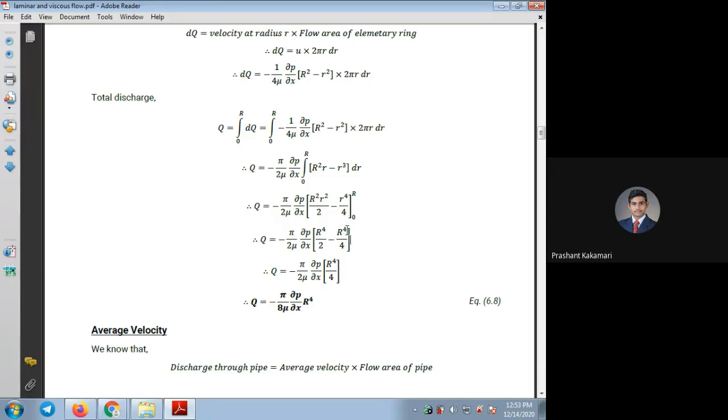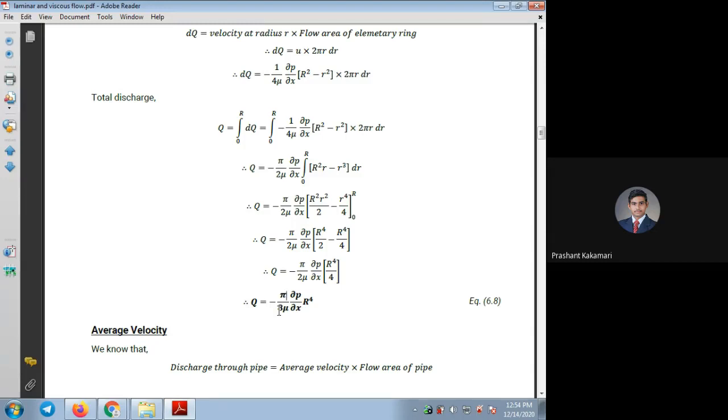Taking the LCM and the difference, that is 2 R raised to 4 minus R raised to 4, divided by the LCM, which is 4. So the total discharge can be written as minus pi dp R raised to 4 divided by 8 mu dx. This is the total discharge through a pipe in laminar flow in terms of viscosity and pressure difference.